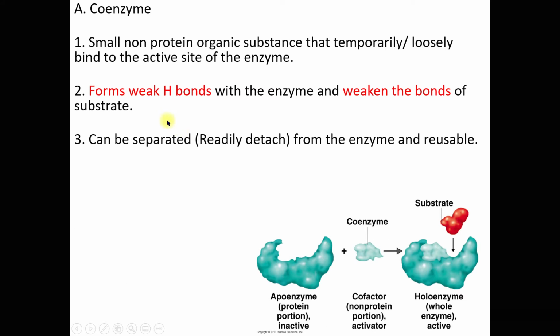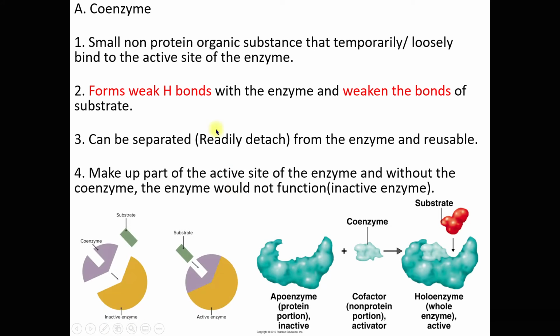Since a coenzyme binds loosely to the active site of the enzyme, it can be separated from the enzyme and reused. A coenzyme is readily detached from the enzyme and reusable. The coenzyme also makes up part of the active site of the enzyme.